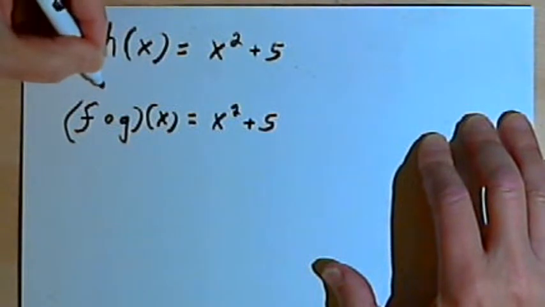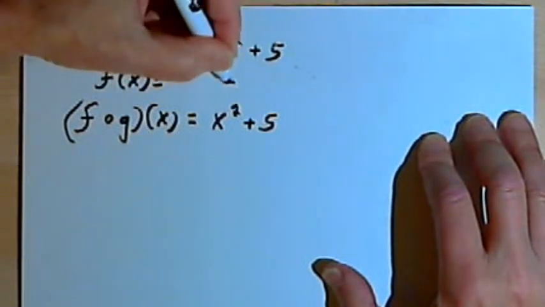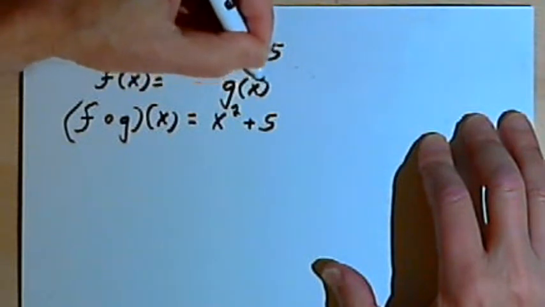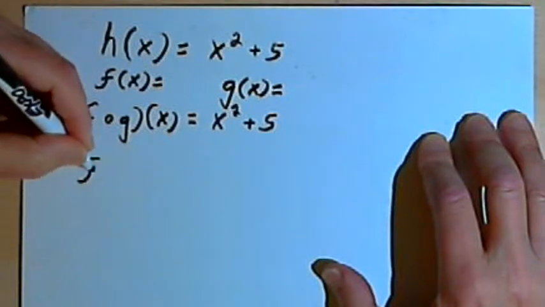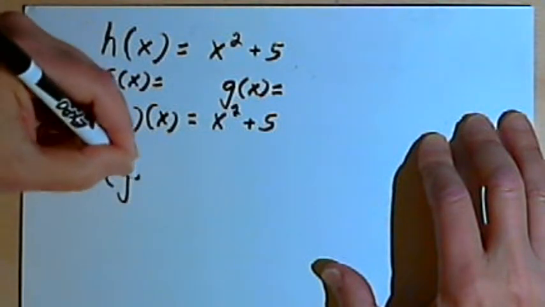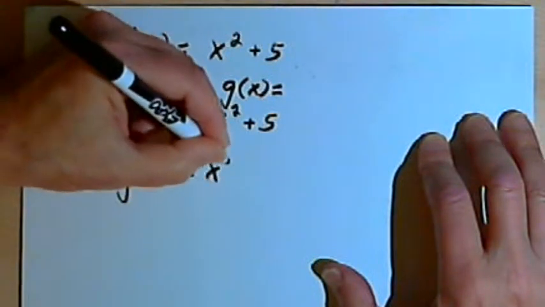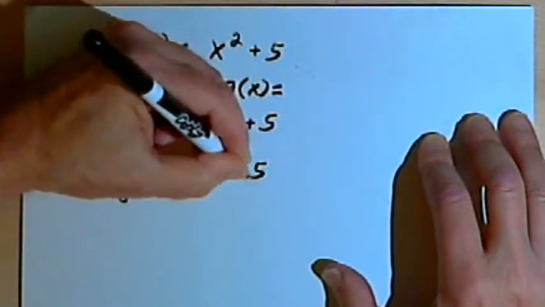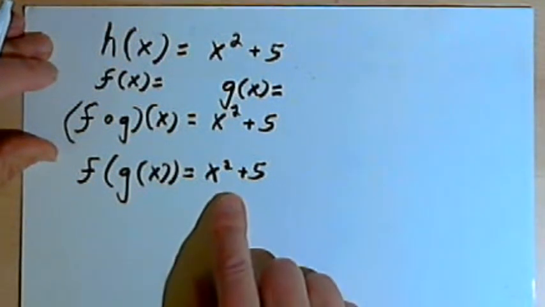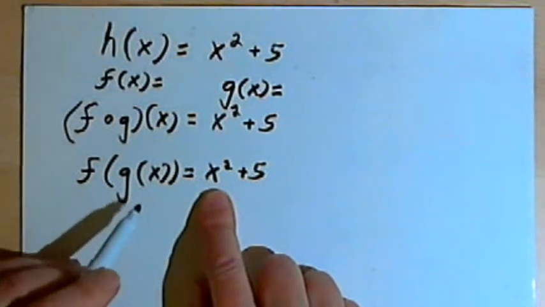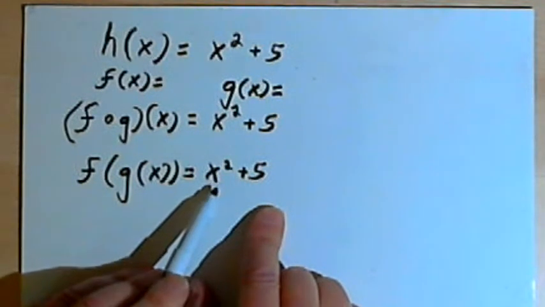And I want to find out what f and g would be, what those two functions would be. Okay, so I'll rewrite this f compose g as f of g of x equals x² + 5. And I want to ask myself, what happened to the x to turn it into x² + 5, and what was the order that those things happened in?